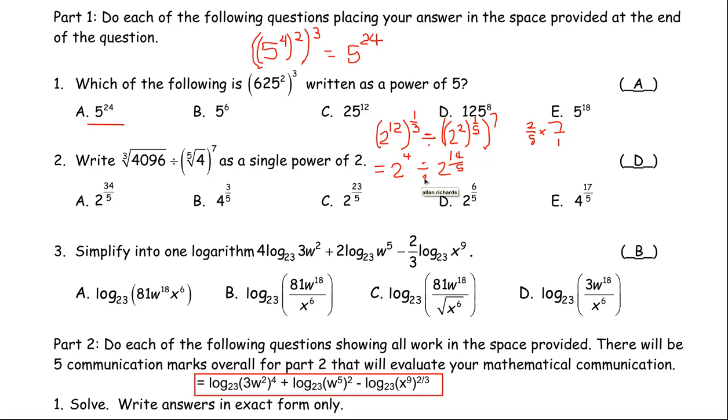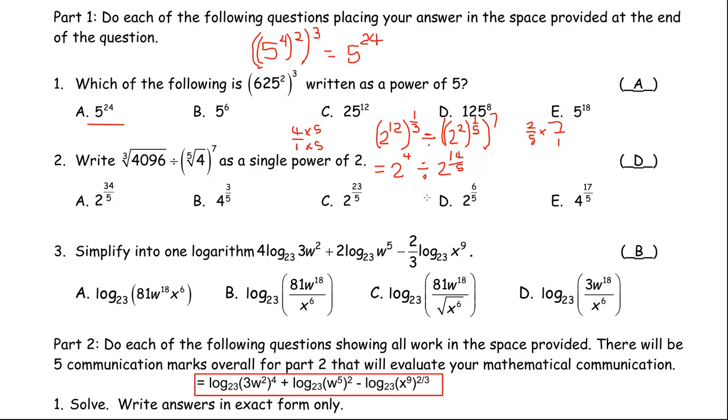Now when you're dividing, you subtract the exponents to get a single power. So this 4 actually has a denominator of 1. I would want to take that 4 over 1 and multiply it by 5 top and bottom, so I have a common denominator with my 14/5. So that's going to be 20 over 5.